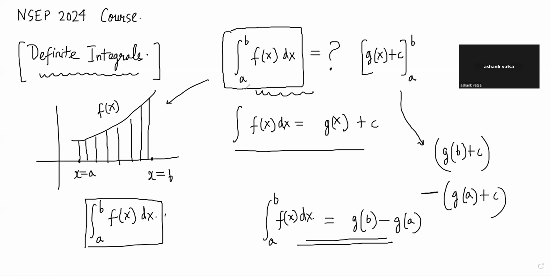So this will be very useful for us because many times in physics, you will have to find the area under a velocity time graph, area under an acceleration time graph.